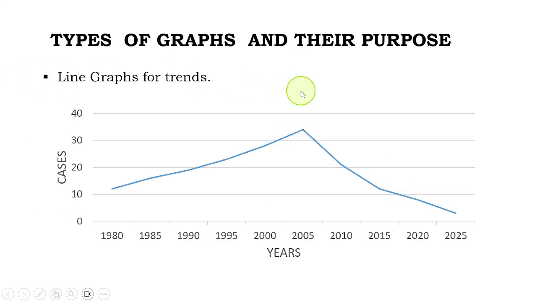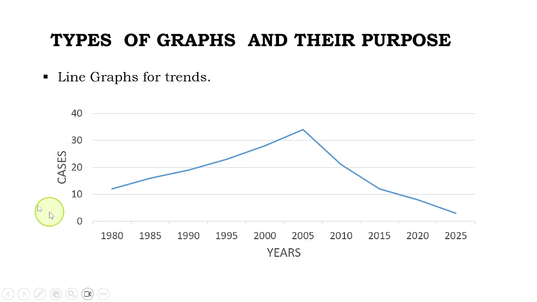So this is one of the types of graphs. It is known as the line graph, and this type of graph is for trend analysis or time series. It tells us about the change in a certain phenomenon over a period of time. For example, here you have cases of disease and the year.